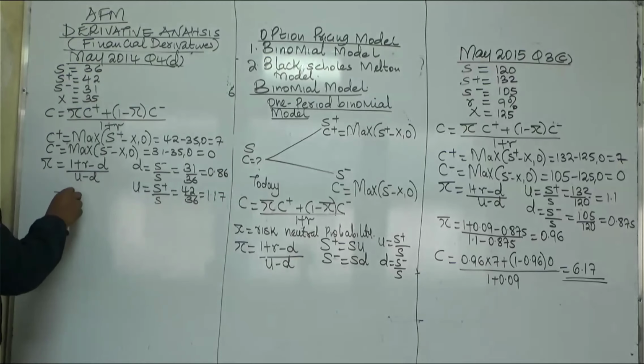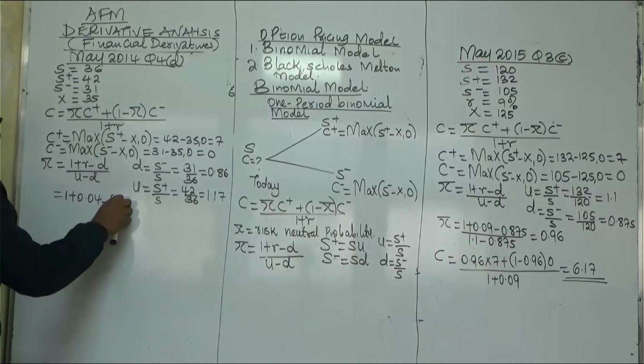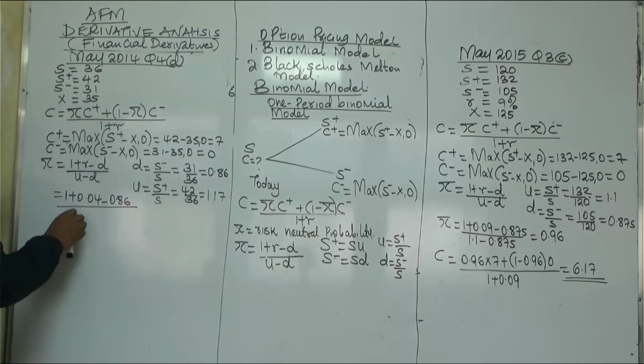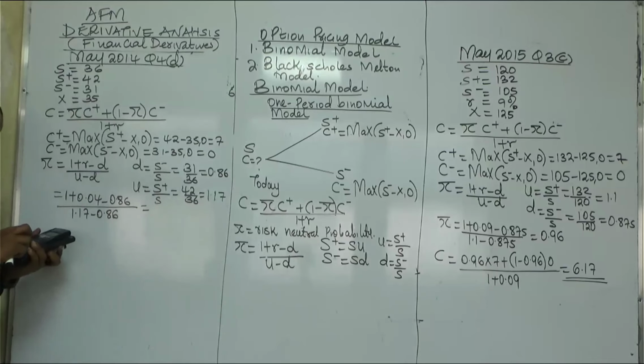So 1 plus R is 1.04. U minus D is 1.17 minus 0.86. So 1.04 minus 0.86, divided by 1.17 minus 0.86.